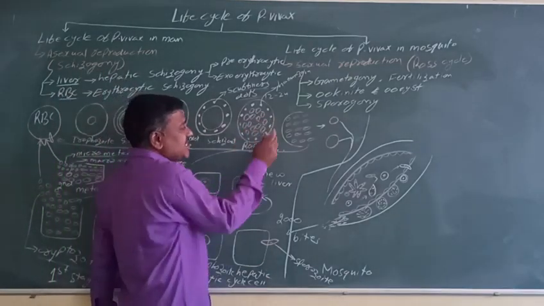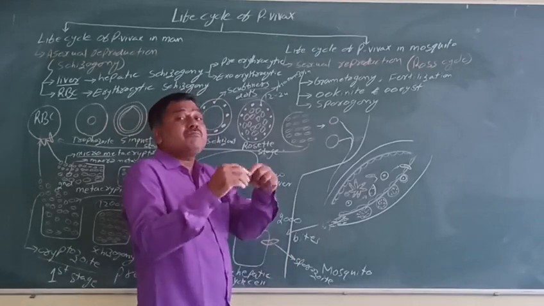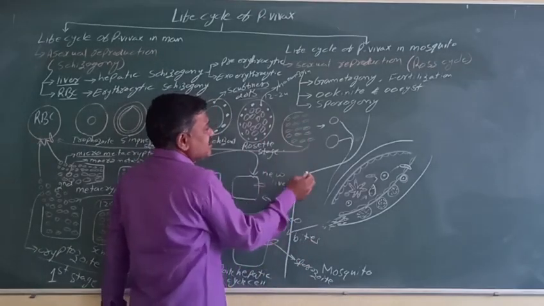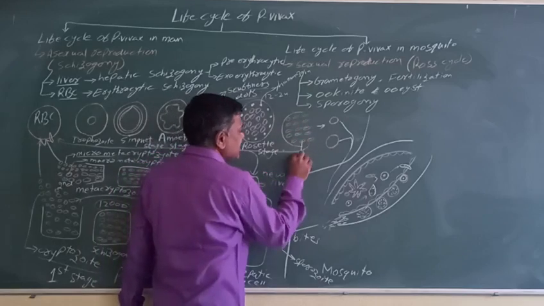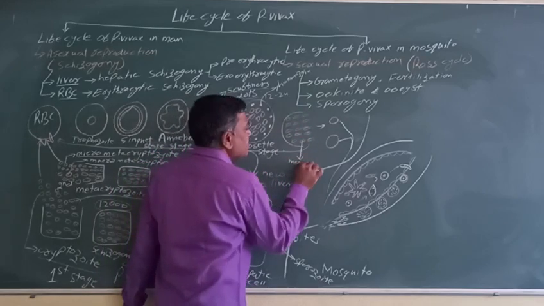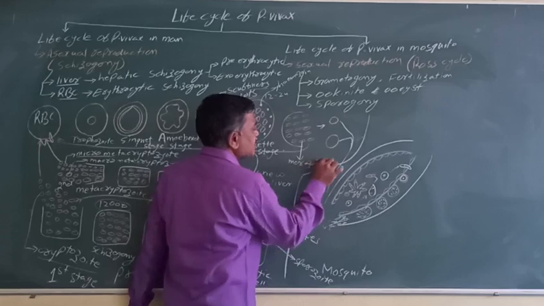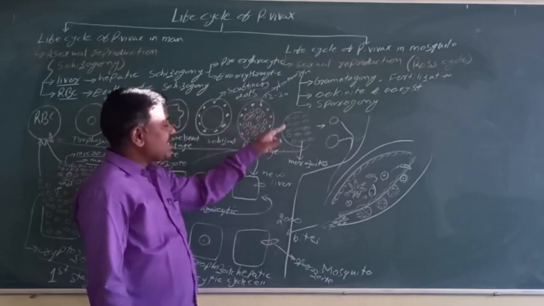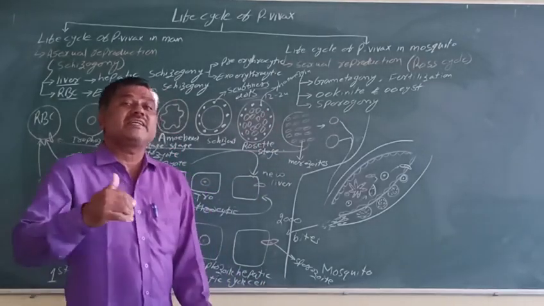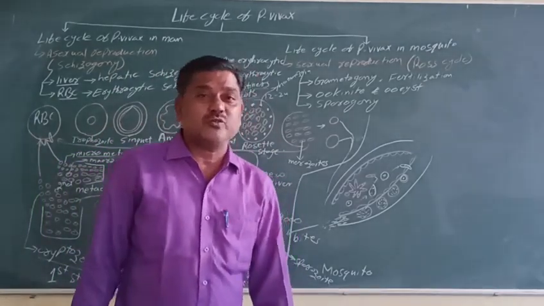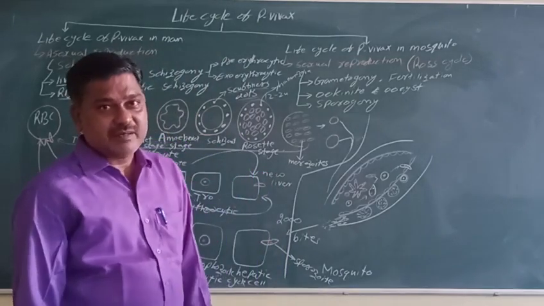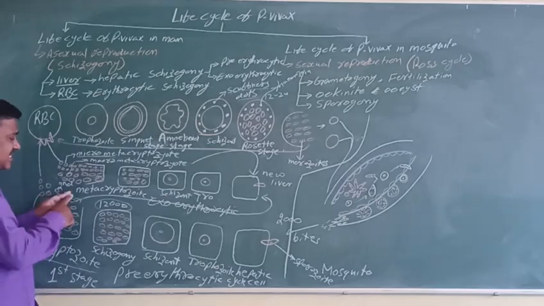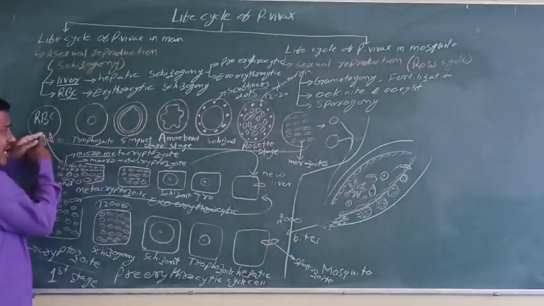Now this RBC breaks. As the bursting occurs, there is a release of cells, and these cells are called merozoites. So merozoites and hemozoin are released and are responsible for giving rise to the symptoms of malaria. So keep in mind, first stage merozoite, second stage merozoite, they act on RBC.